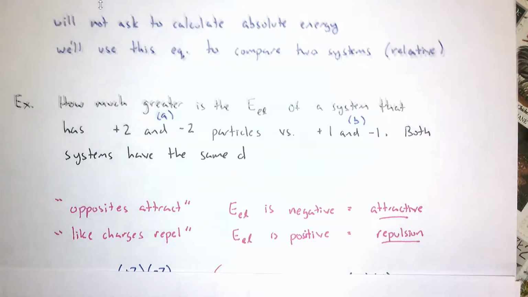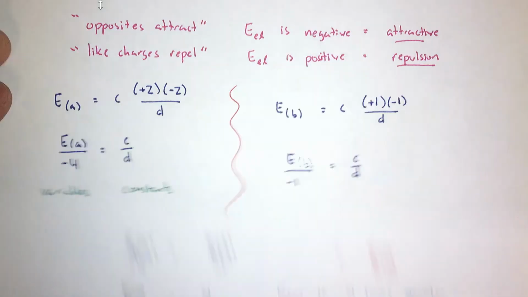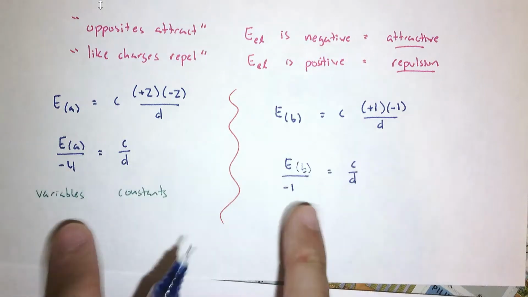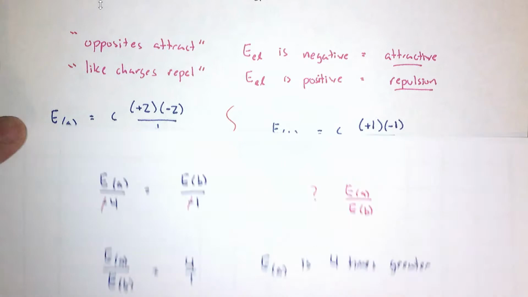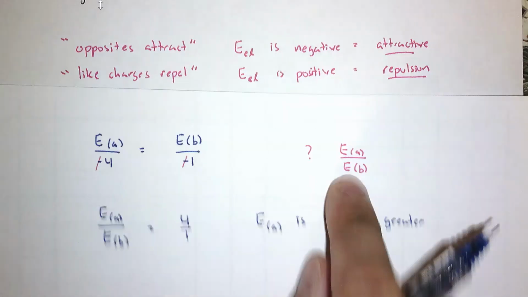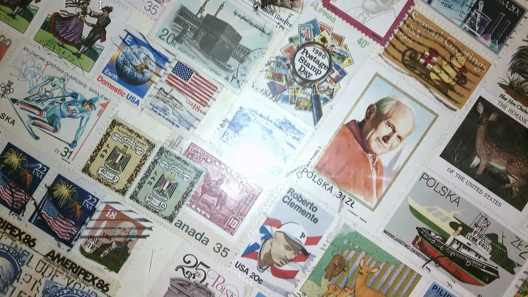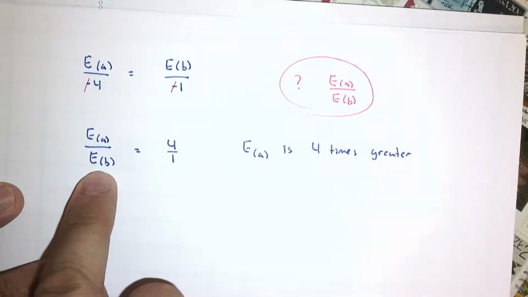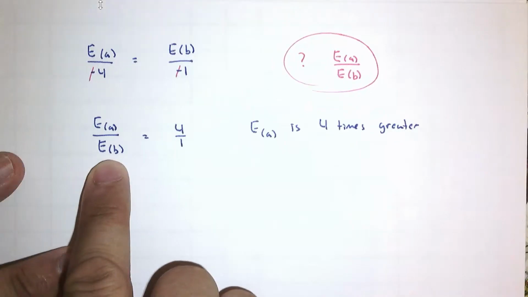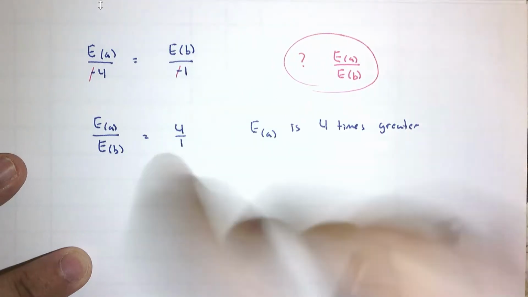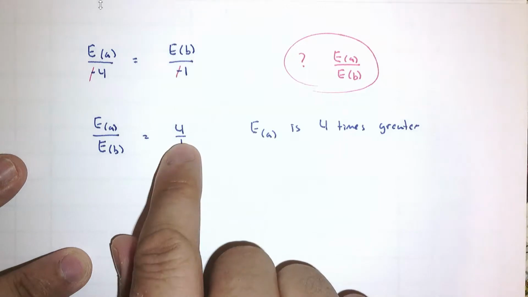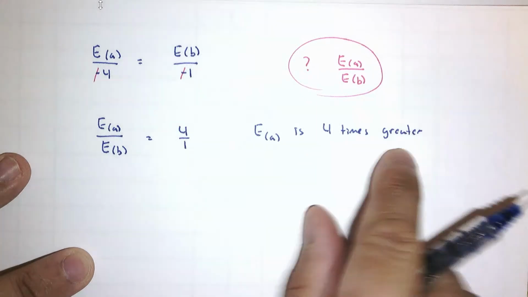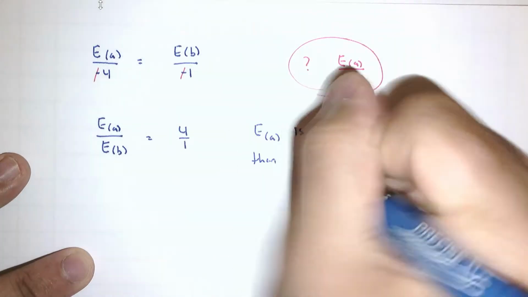Then it gets a little bit hairy, but if you follow this strategy of separating variables and constants and then setting the two systems equal to each other, eventually, if you know what ratio you're aiming for, you'll have a multiple: 4 times greater, or whatever times greater one over the other is.